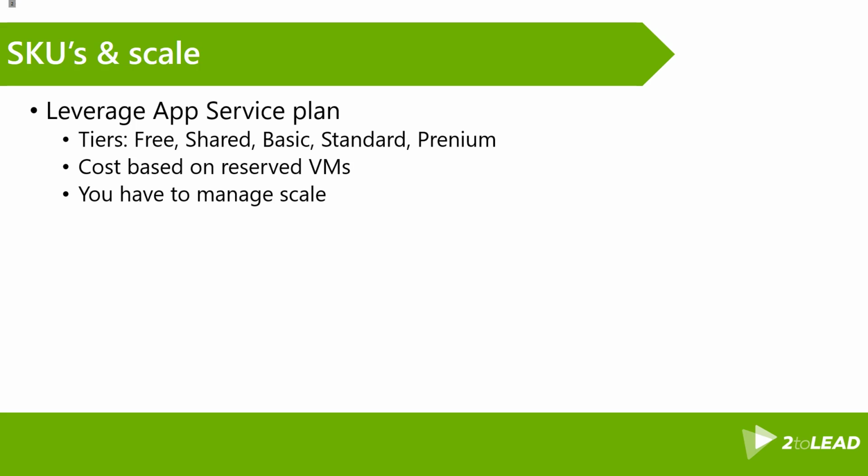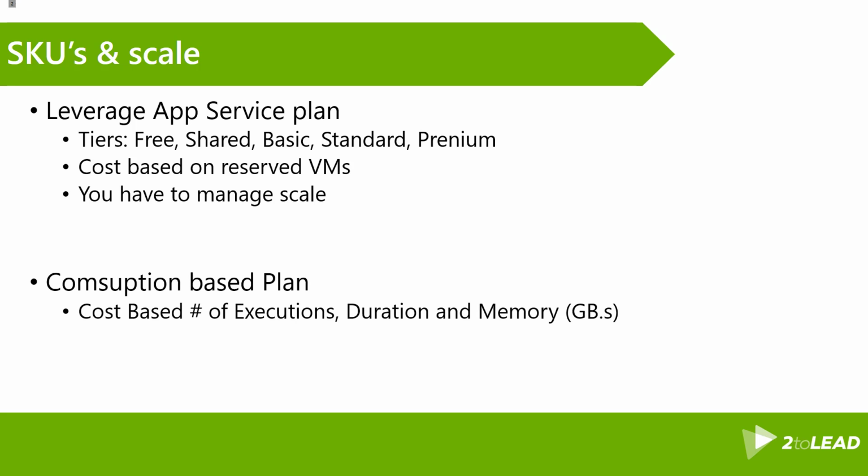Maybe I will scale, maybe I won't, but this is the size I need, and the level of service I need with that, right? And that comes with a cost, right? And you have to manage scale. So if you reach the boundaries of your SKU and your plan and so on, at some point it might throttle or say, hey, I cannot answer anymore, and so on and so forth. So you are responsible for changing the SKU if you reach the boundaries. But within those boundaries, your service is going to scale automatically.